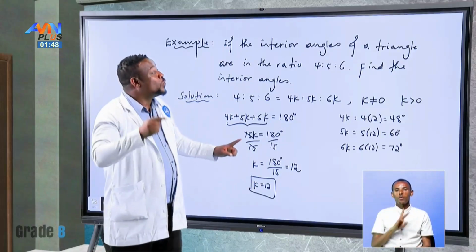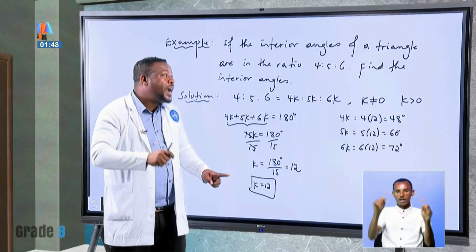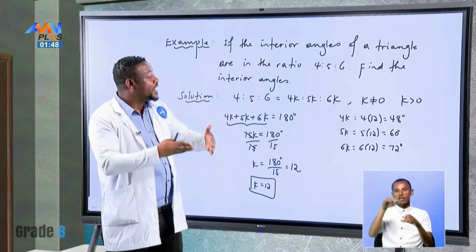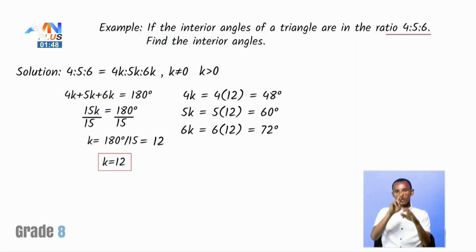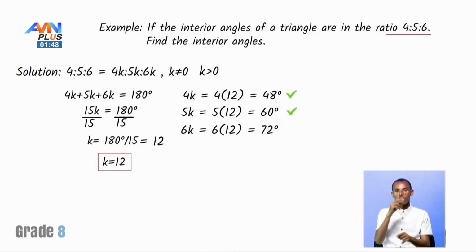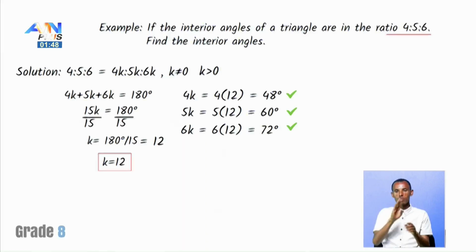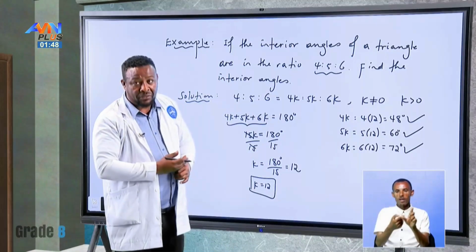We are asked to find the interior angles of a triangle where the ratio of the interior angles is 4, 5, 6. Okay, now you can check whether our answer is correct or not. These are the 3 required angles of the triangle, right?